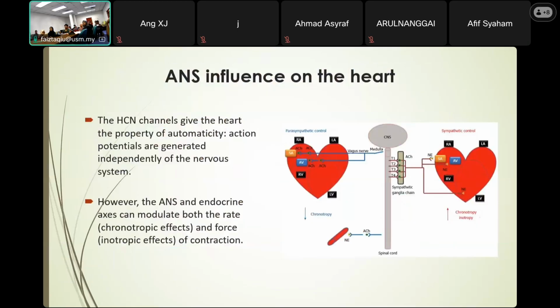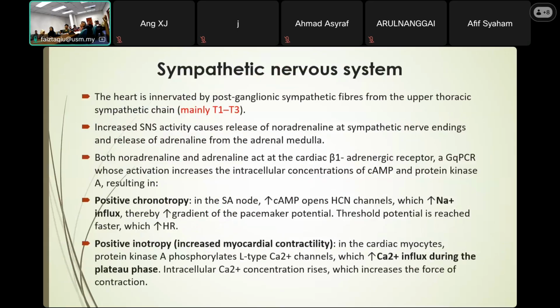So I just touched a bit on the ANS influence of the heart. Yesterday, Dr. Badiha actually explained it very, very well, so I'm just going to summarize. For the ANS, we have the sympathetic and parasympathetic influence on the heart. I move to sympathetic. For the sympathetic, it is the postganglionic sympathetic fibers from the upper thoracic T1 to T3.